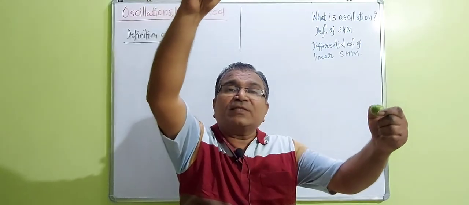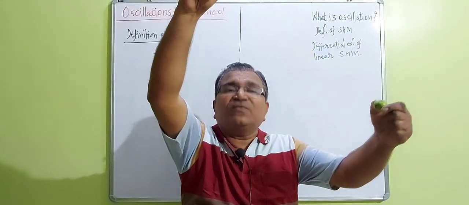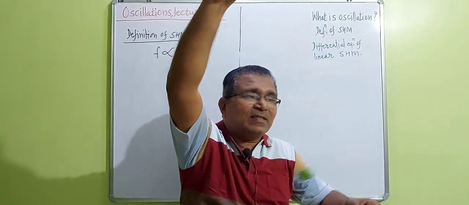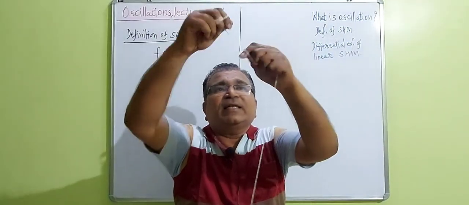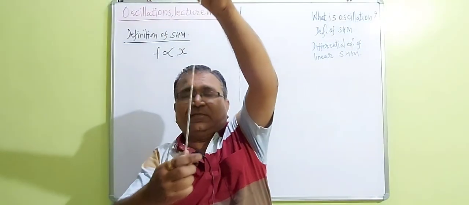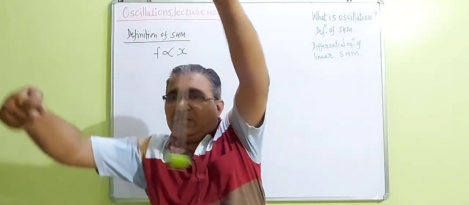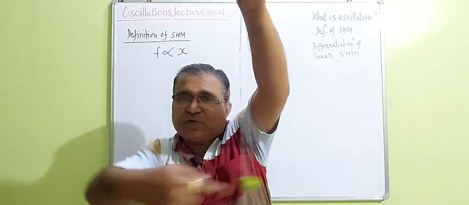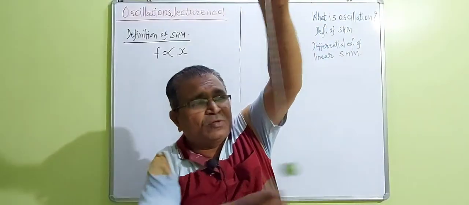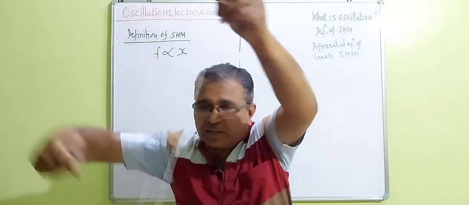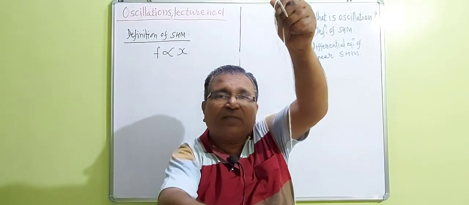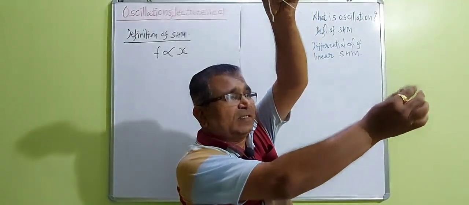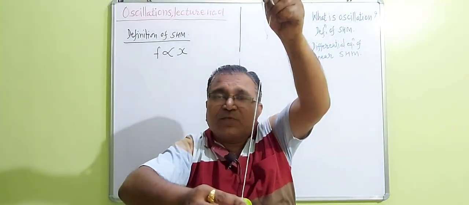And what is the force? Force is the restoring force. That force is directed like this, towards the mean position on both sides. When the bob is here, it is directed towards the mean position. When the bob is here, the force is directed towards the mean position.